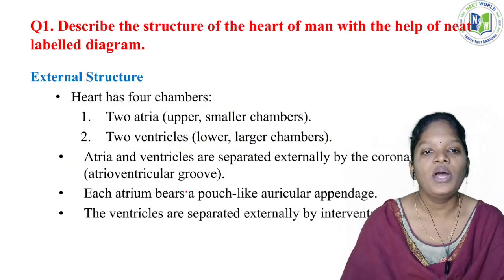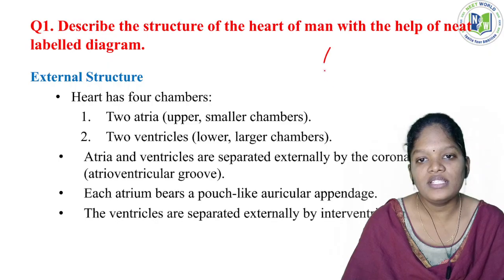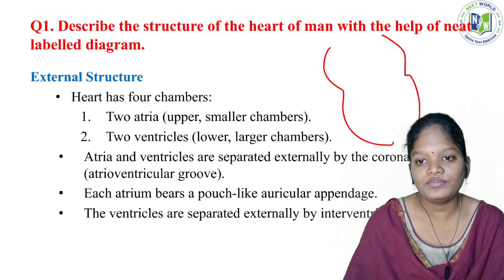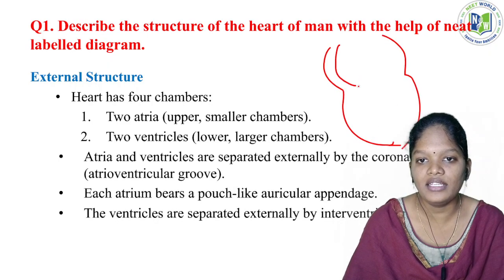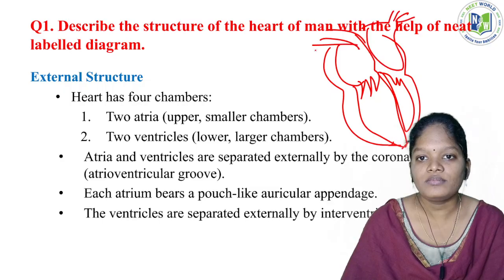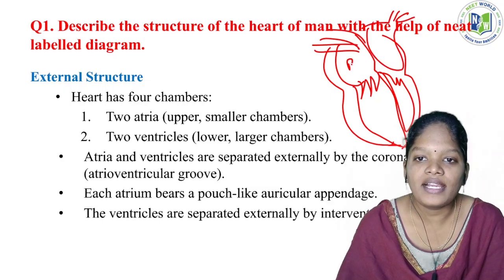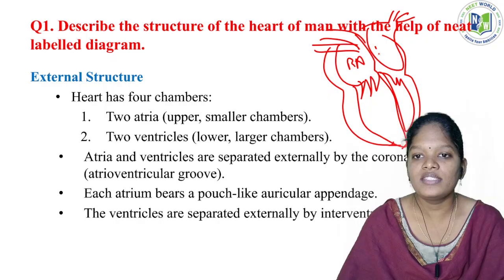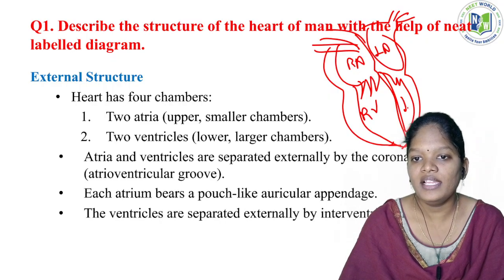Now, how is the external structure? Consider this is a heart. This is the right atrium, this is the left atrium, this is the right ventricle, and this is the left ventricle.